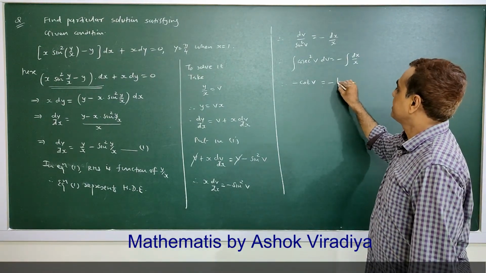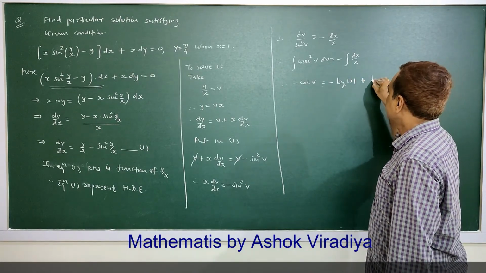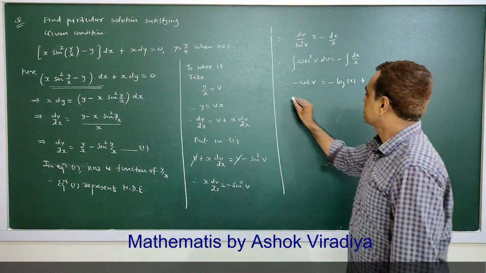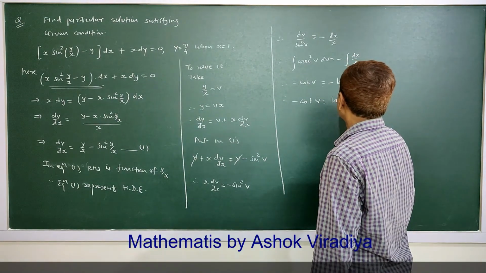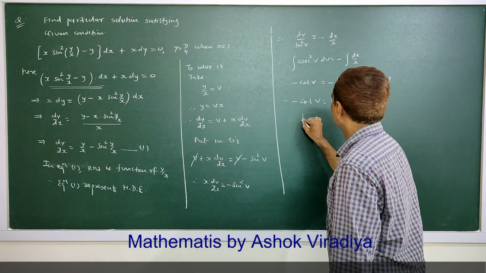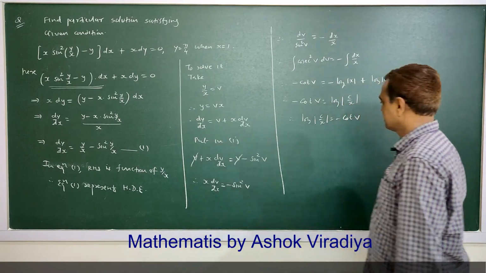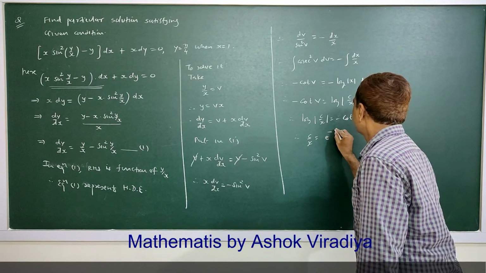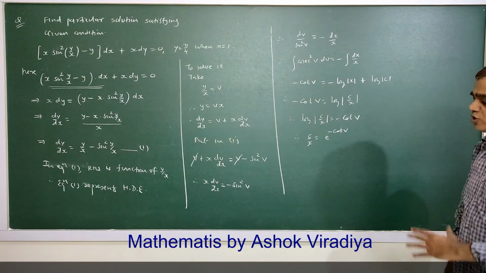Equal to minus log of modulus x plus, here c we keep as log of modulus c. So that is minus cot v is log of modulus c by x. So log of modulus c by x is minus cot v. So c by x is e raised to minus cot v, converting in exponential form.